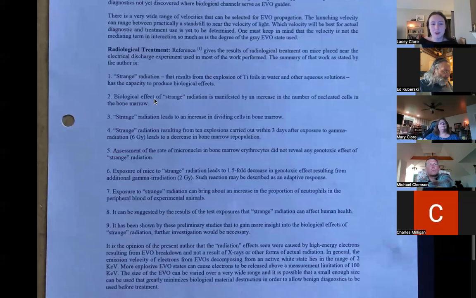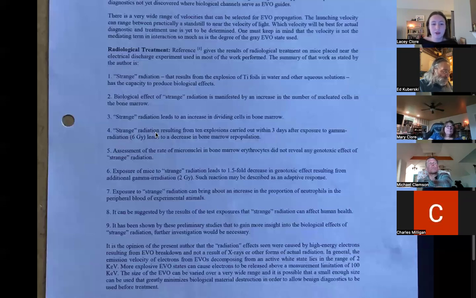Number 2, biological effect of strange radiation is manifested by an increase in the number of nucleated cells in the bone marrow. Number 3, strange radiation leads to an increase in dividing cells in bone marrow.